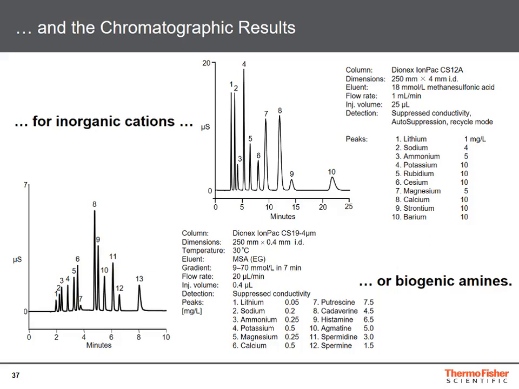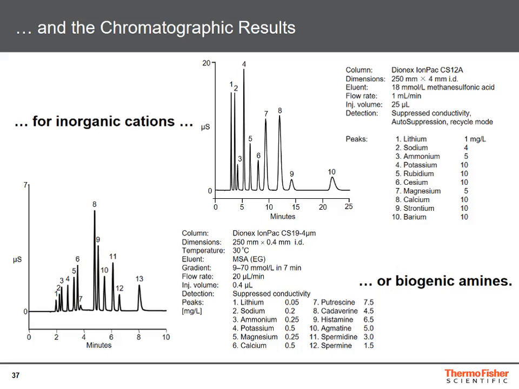I would like to draw your attention to peak number 3, which represents ammonium. Ammonium, as well as other aliphatic or aromatic amines, can all be separated by cation exchange chromatography, but they cannot be analyzed by atomic spectrometry. So this is one of the advantages of cation exchange chromatography over spectrometry.